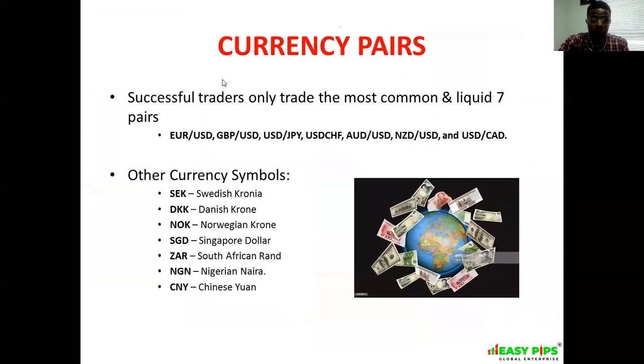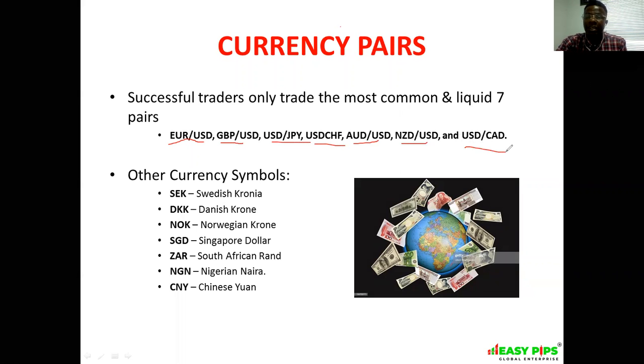So now there are some currency pairs that are more liquid, in the sense that a lot of people are always actively trading in these currency pairs every day. These include EUR USD, GBP USD, USD JPY, USD CHF, AUD USD, NZD USD, USD CAD. They are the most common and liquid pairs.